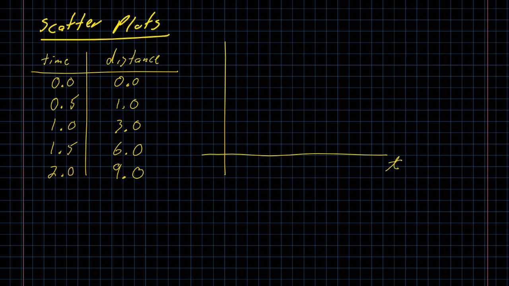So I've got some axis over here, which I'll use for time, and some other axis that I'll use for distance. I'll label it as t and d instead of x and y, but it works just the same. I'm writing this on something that's supposedly graph paper, but I know that sometimes it's a little bit hard to actually see that.